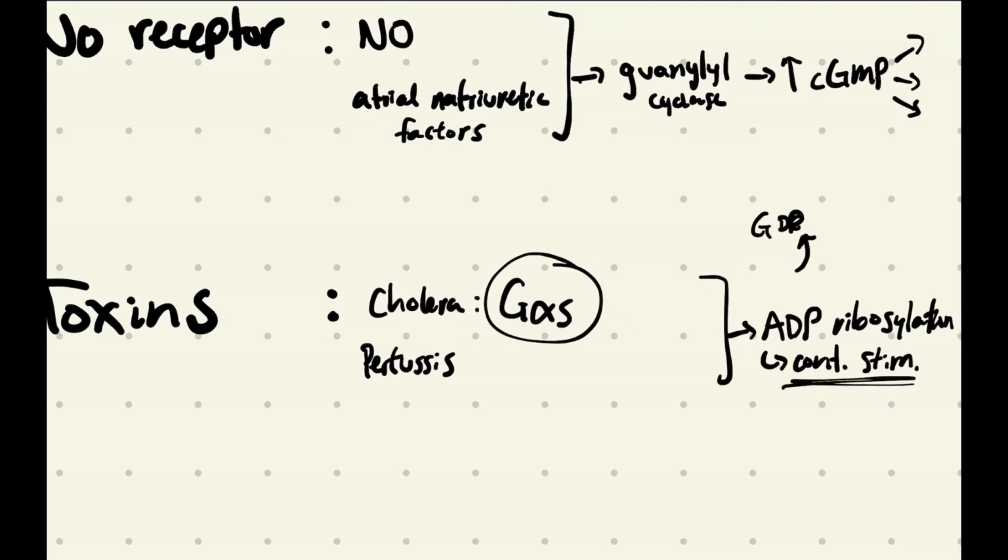So now you're just going to have continuous stimulation. Now, pertussis is going to be your Gi, so it's going to be your inhibitory pathways. So that's going to be continuous stimulation of an inhibitory pathway, which leads to increased inhibition, if you will.